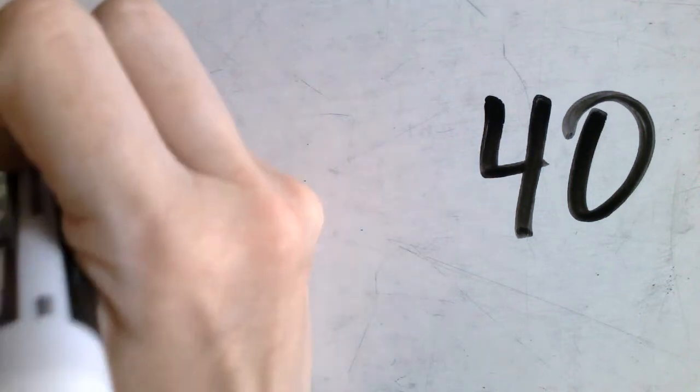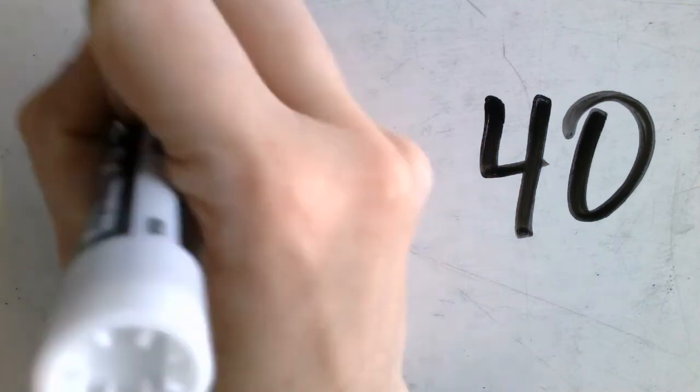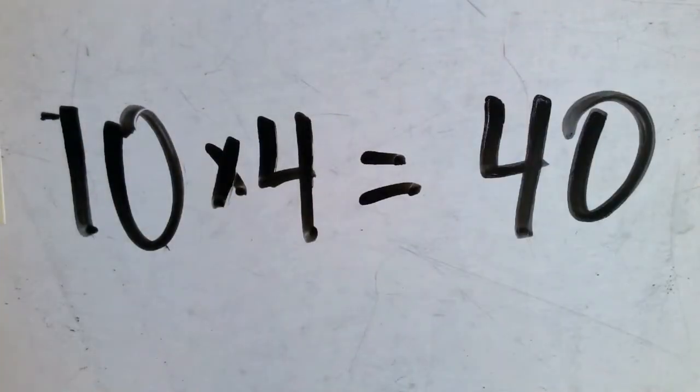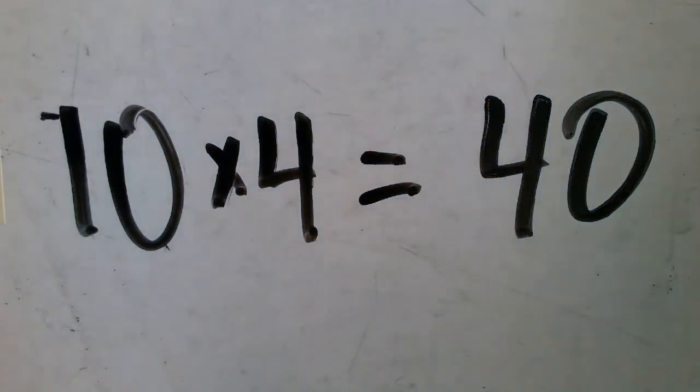Let's do 2 more. What if I said the product is 40? What multiple of 10 would give us the product of 40? Did you write 10 times 4 equals 40 and hold it up on your whiteboards? If your neighbor has that, give them a high five.